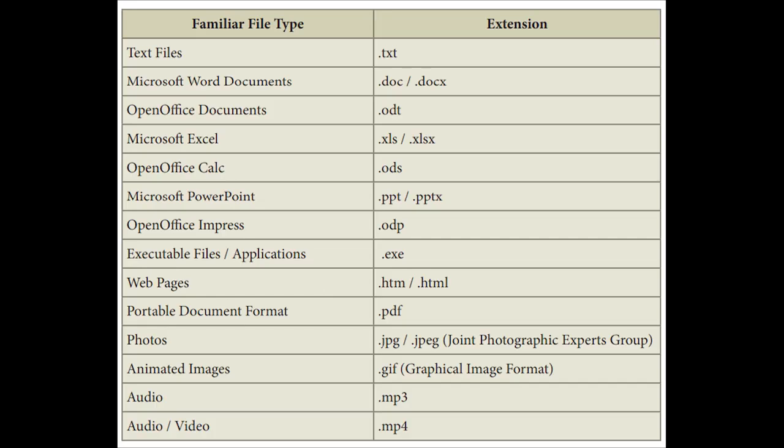If it is a PDF, we know PDF means Portable Document Format. Photos are .jpeg or .jpg. JPEG means Joint Photographic Experts Group. Okay, if it is an animated image, it's GIF, right? .gif, that is Graphics Interchange Format. Okay, audio is .mp3, video is .mp4. Okay, these are the basic extensions for some familiar file types.